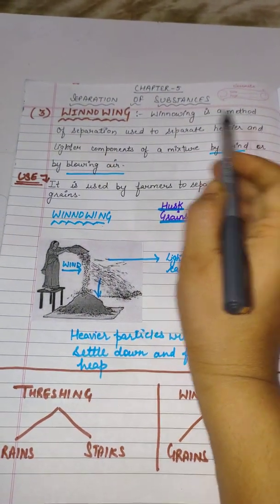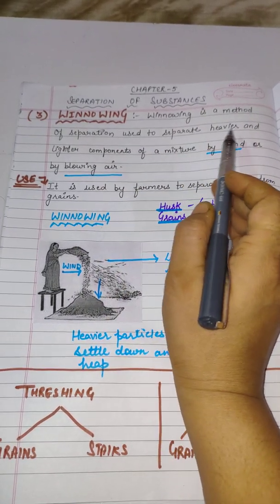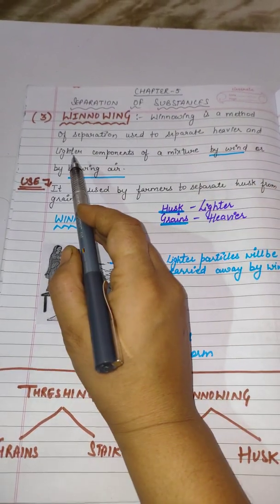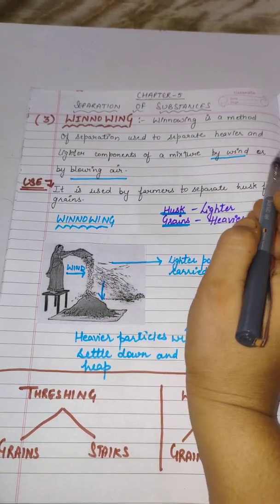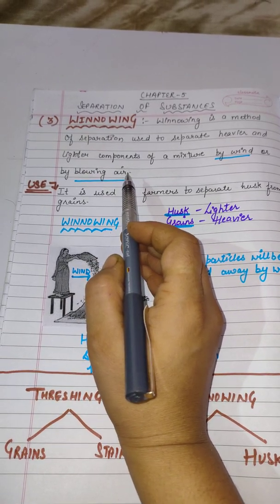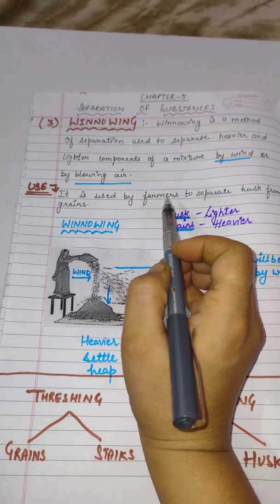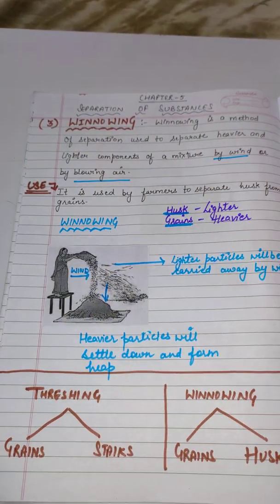Winnowing is a method of separation used to separate heavier and lighter components of a mixture by wind or by blowing air. It is used by farmers to separate husk from grains.